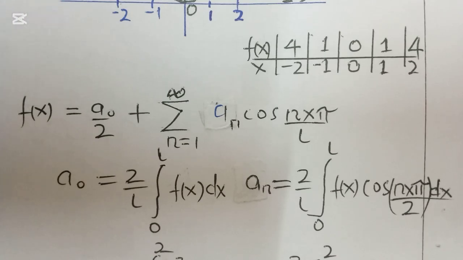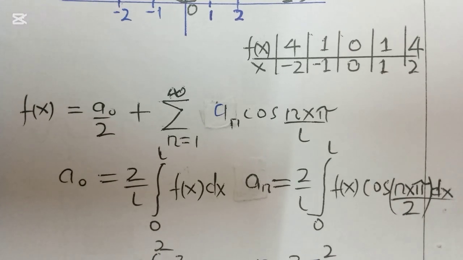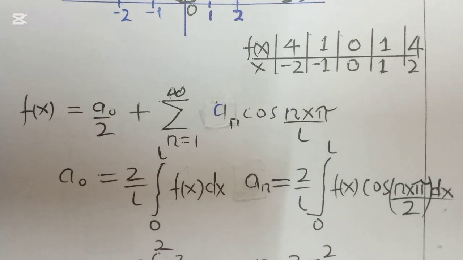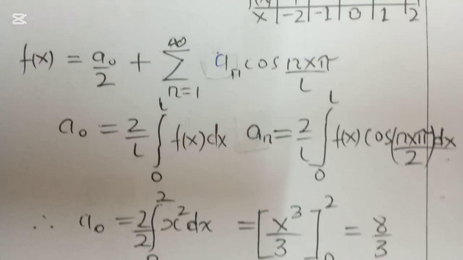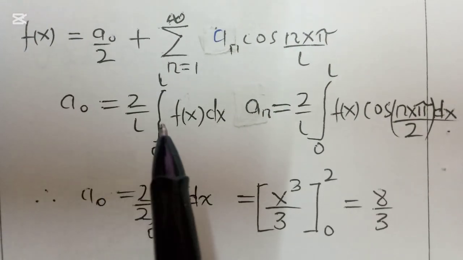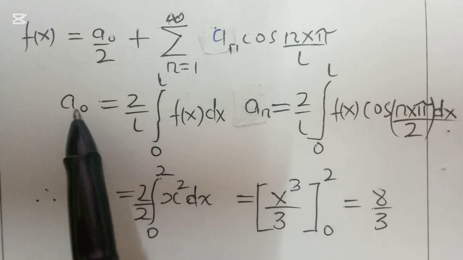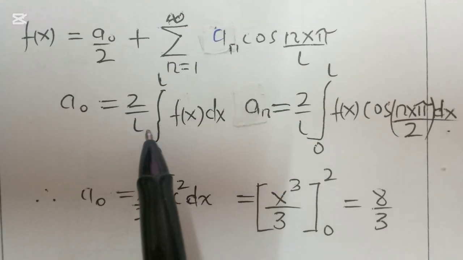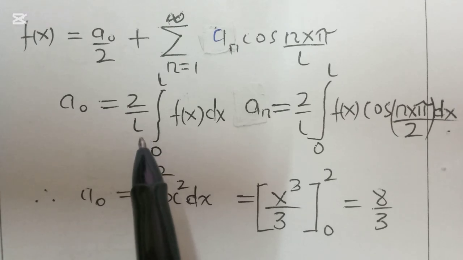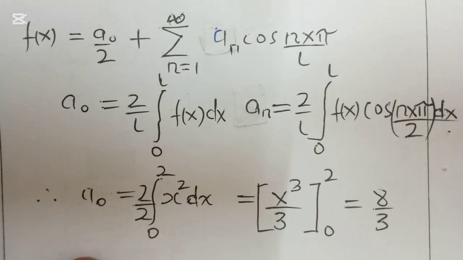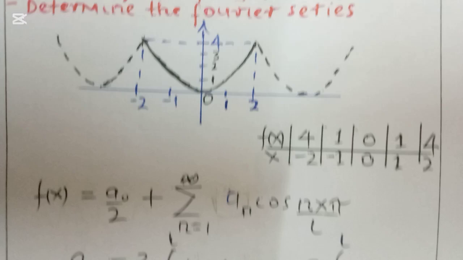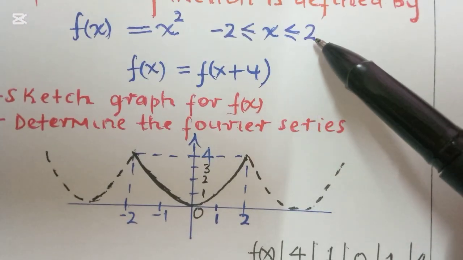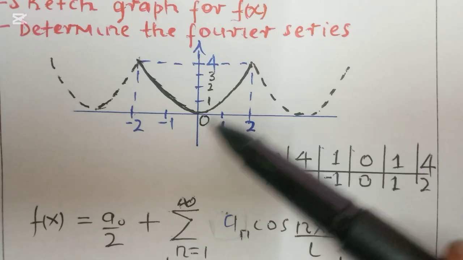Guys, we continue. Now we've been able to establish that, and that's why we have this n pi x all over L. Coming to that, we first have to establish what our A0 is. Our A0 is given by that, and the L we already have is 2. From the equation there, we can see that our L is supposed to be 2, or 0 to 2.